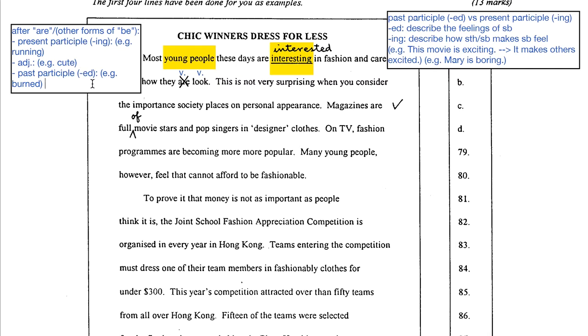So he is running. He is cute. He is burnt. I was dancing. I was ugly. I was cleaned. So usually after are you use these three words, but not another main verb.